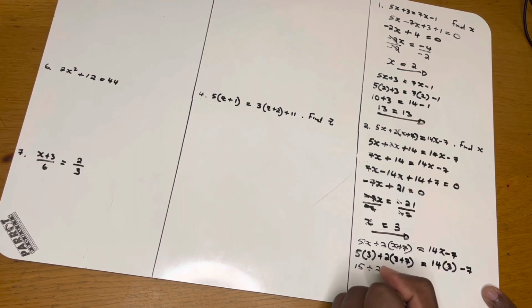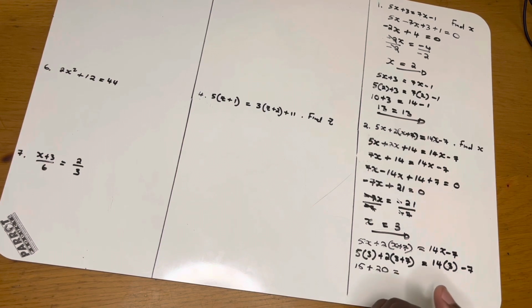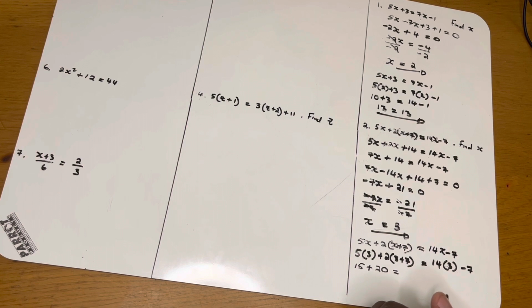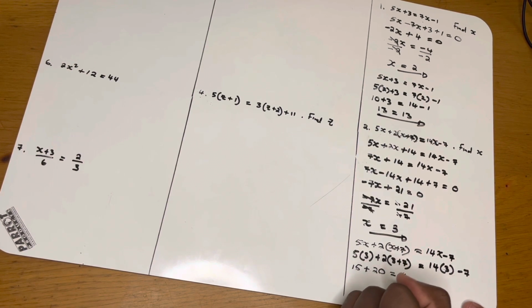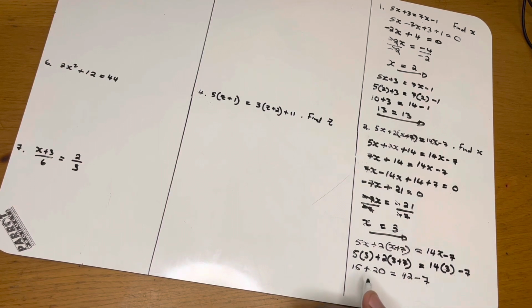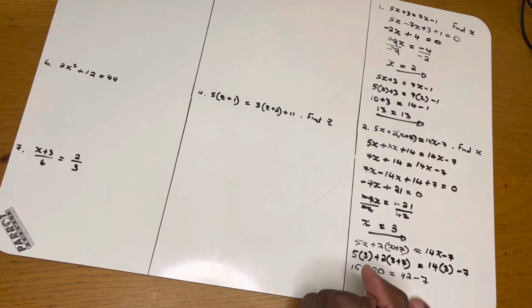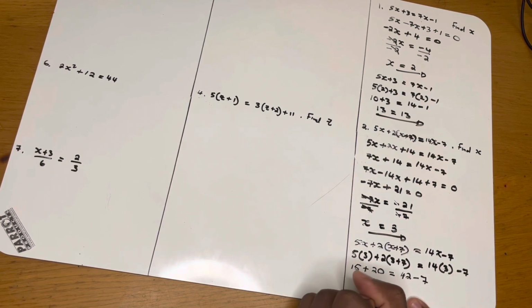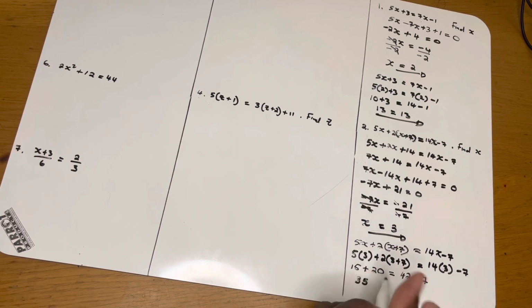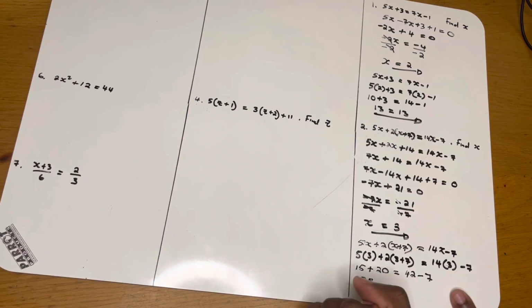So 14 times 3, that will be 42, 42 minus 7 this side. So 15 plus 20, that will be 35.